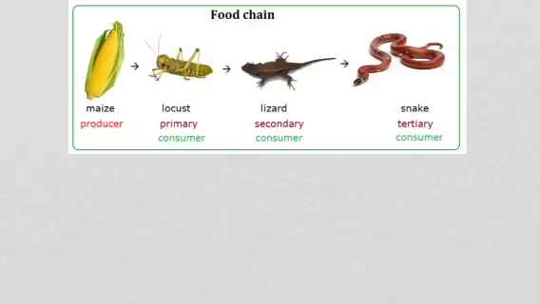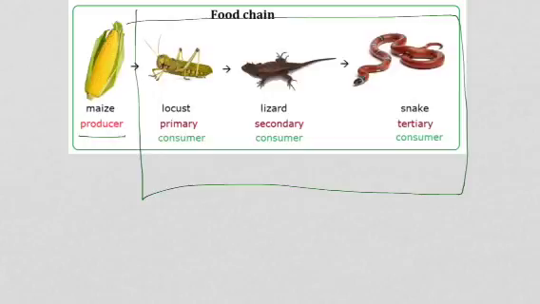So if we go back to our original image here, all food chains are going to start with a producer. And anything that does not make its own food, anything that must eat something, is known as a consumer, because they must consume their energy from an outside source.